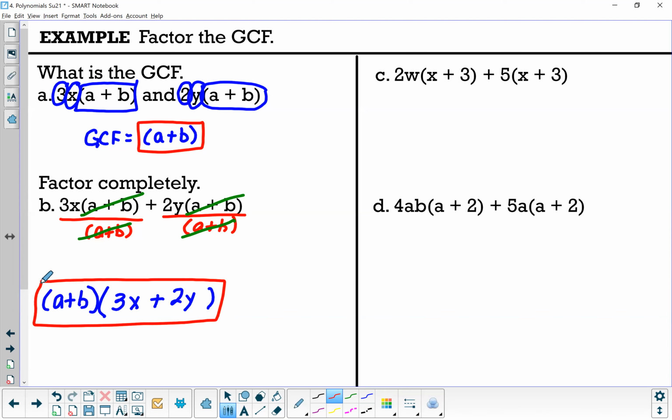All right, let's take a look at C. We're going to factor completely 2w(x + 3) plus 5(x + 3). So again, first, find your GCF between the two products. So I can see that we have x plus 3 in common.